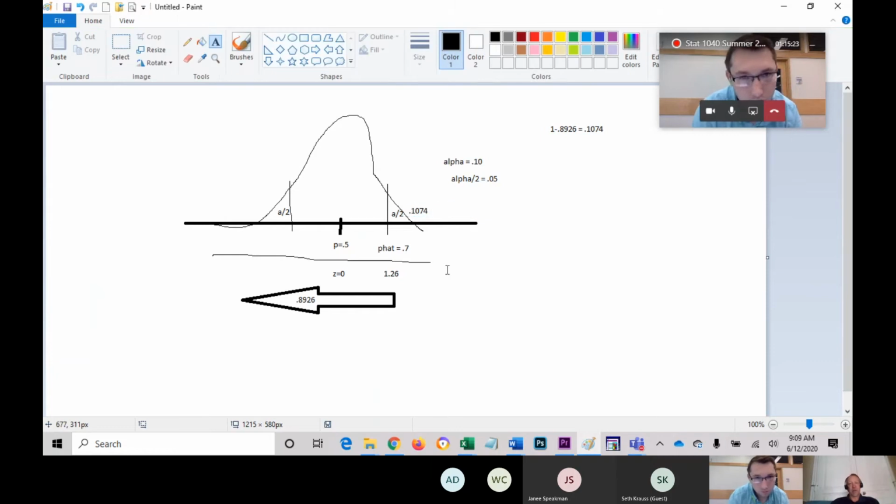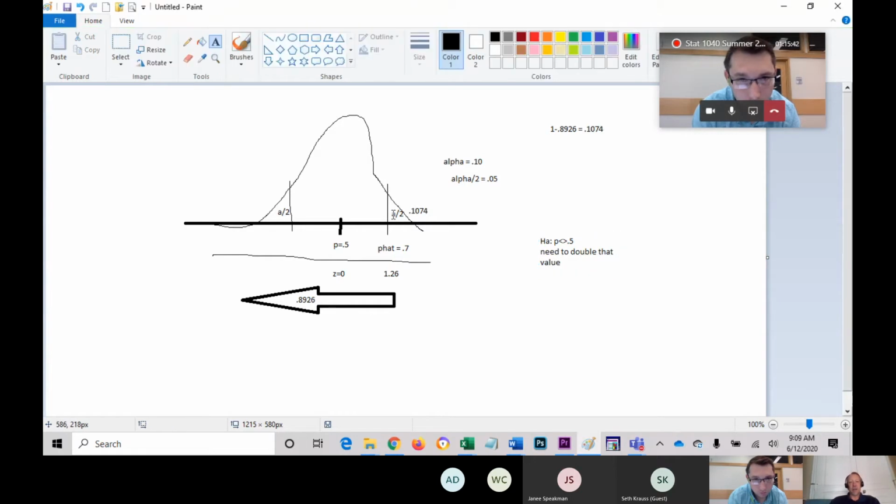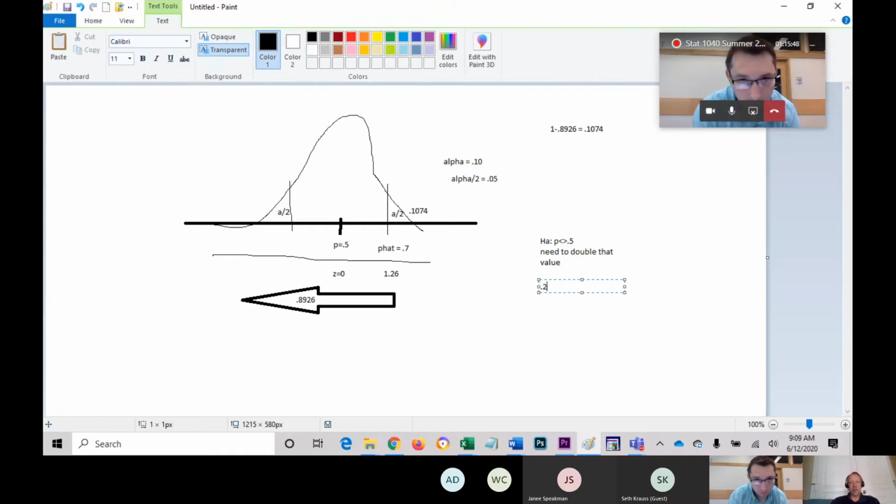Now since my alternative hypothesis is P does not equal 0.5, I need to double that value. Essentially what we're saying is I want to double it. So I'm going to take this 0.1074, double it, and that's going to become 0.2148, if I did that right.